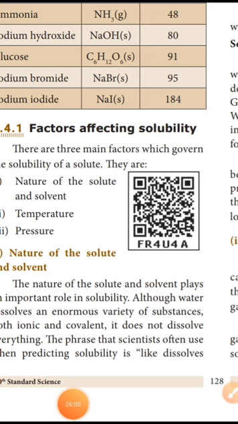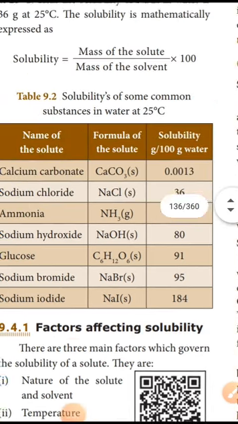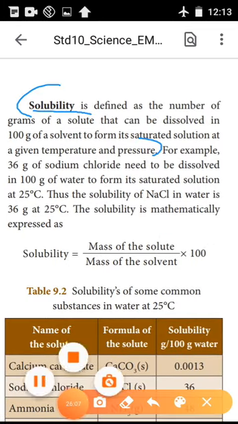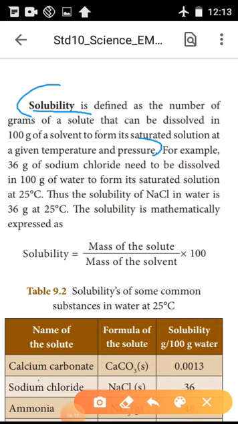And see the next page 128, the first paragraph. Define solubility. It is defined as the number of grams of solute that can be dissolved in 100 grams of solvent to form its saturated solution at a given temperature and pressure.